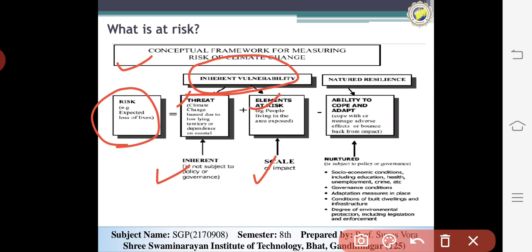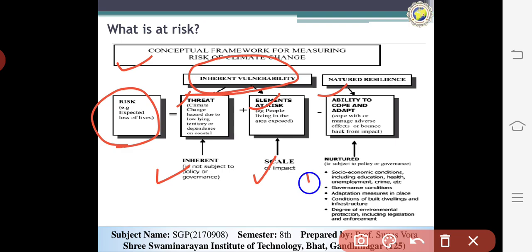If we add these two, we can subtract the natural resilience. It means the ability to cope and adapt, to manage the adverse effect or bounce back from the impact.